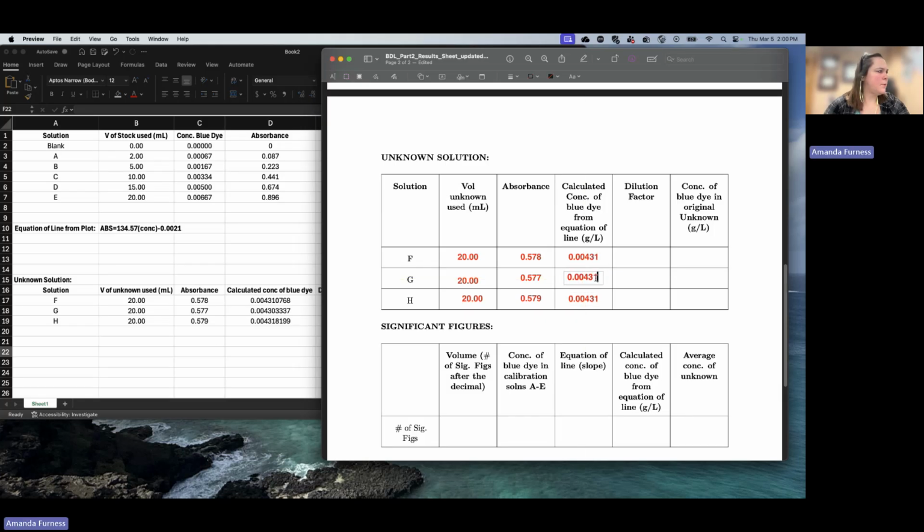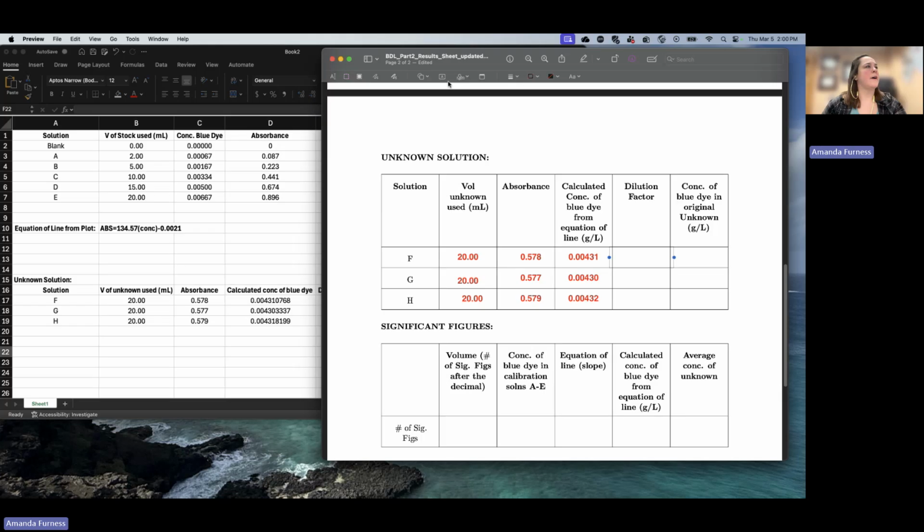This one is 4303. That's too many, so that would be 430. And then the last one is 43, and then this one would round to 2, 432. We can make this wider. All of these have 3 sig figs now.